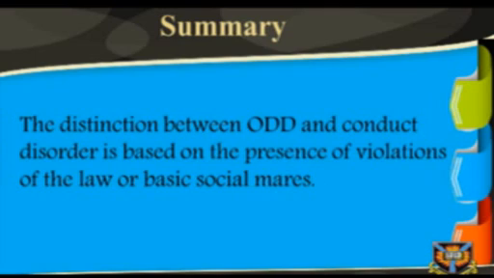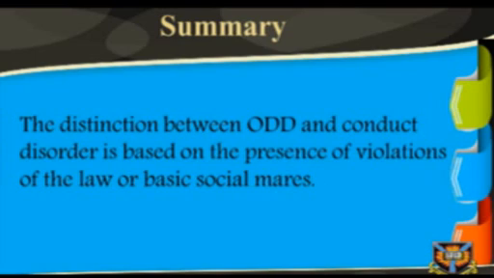The distinction between ODD and conduct disorder is based on the presence of violations of the law or basic social mores. Children with conduct disorder often get in trouble with the law, and some become career criminals. Conduct disorders usually begin between 7 and 15 years of age (APA, 2000).